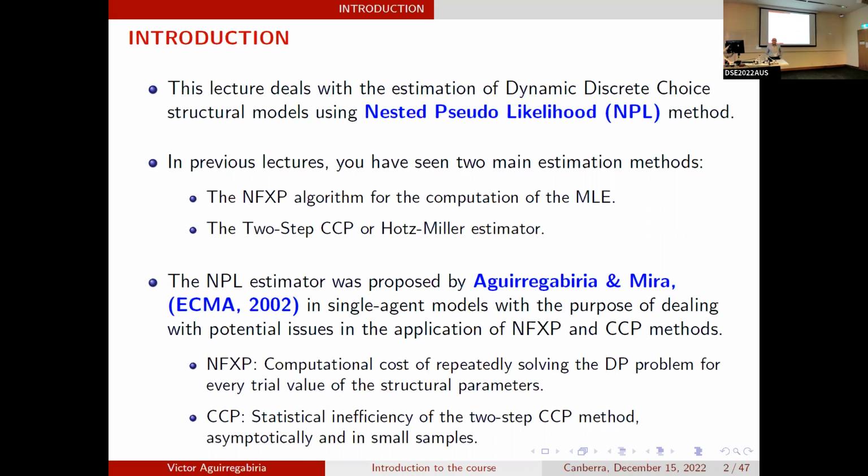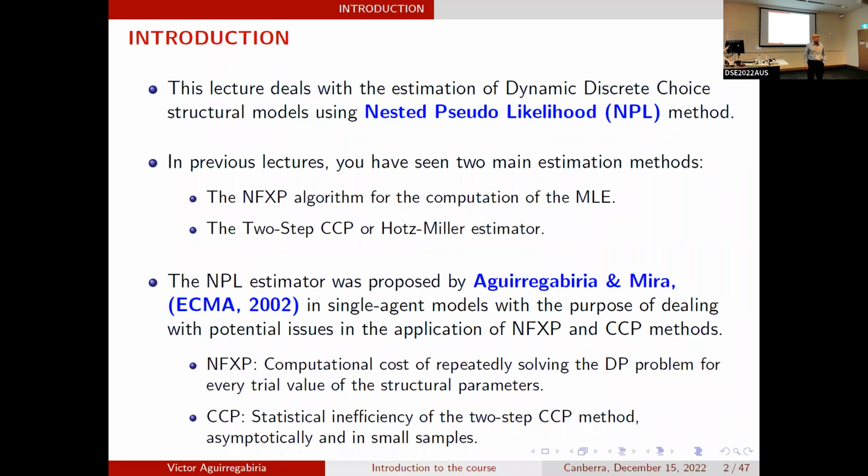For the nested fixed point, our motivation was, well, one feature by definition of the nested fixed point is that for every trial value of the structural parameters, we need to solve the dynamic programming problem. And often that means solving the dynamic programming problem a good number of times.